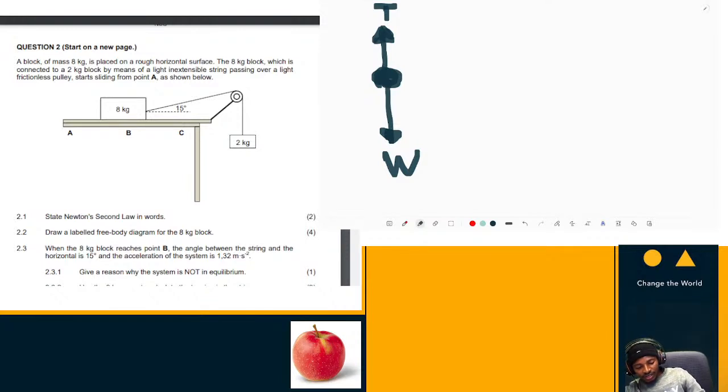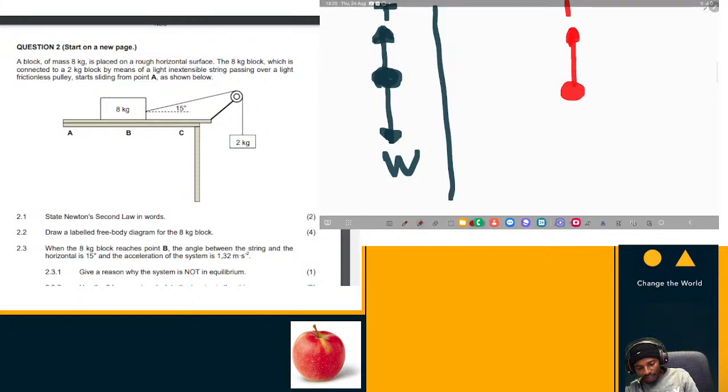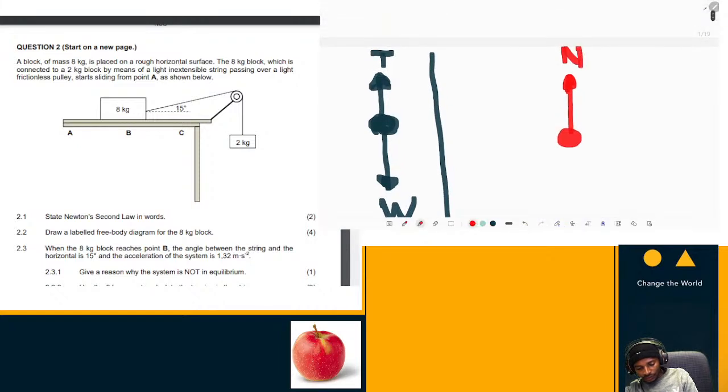Now let's draw all the forces acting on the 8 kg block. The 8 kg block is in contact with the surface, therefore it will experience a normal force. Then it is in a gravitational field, therefore we'll have a weight force which is always directed downward.